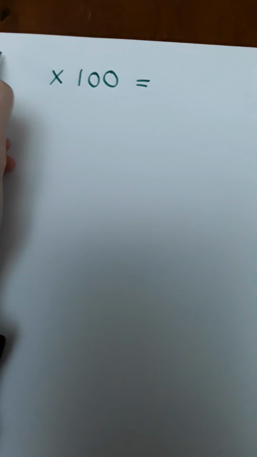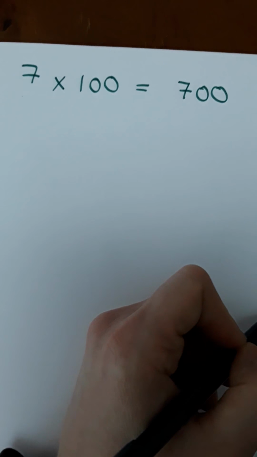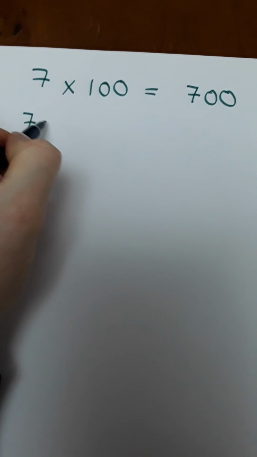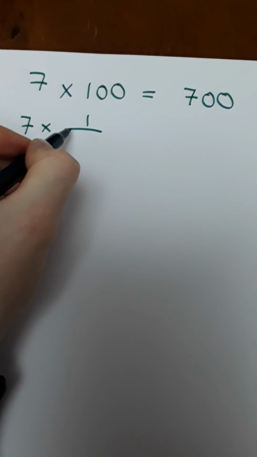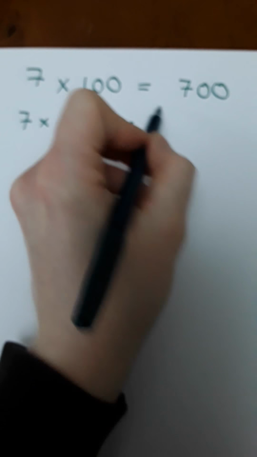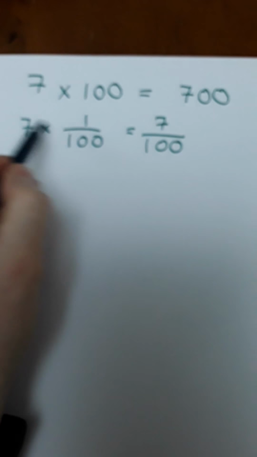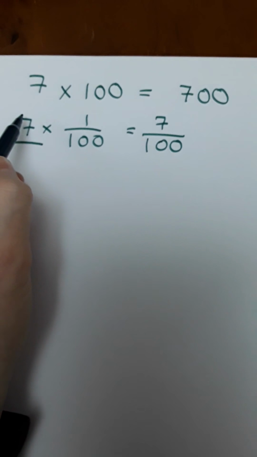Now this is why reciprocals are important. If you times by 100, that will give you something 100 times larger, so 700. But if you times by the reciprocal of 100, which is 1 over 100, that's essentially saying that you're doing 7 over 100. If we multiplied these two together, 7 again is a whole number.